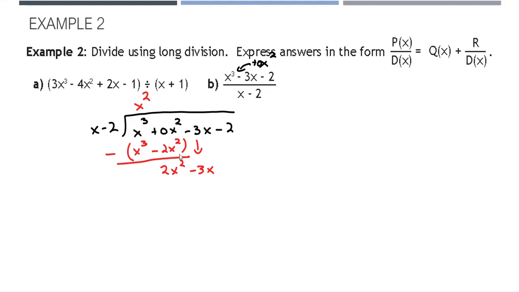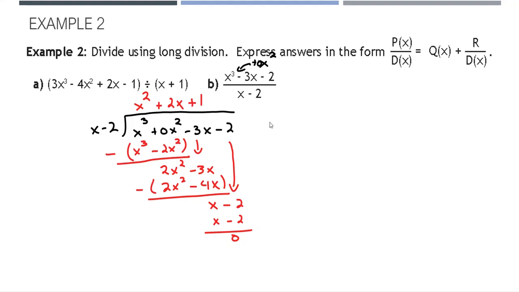Now x times 2x is 2x squared, and 2x times negative 2 is minus 4x. All of that is again subtracted, so negative 3 is going to end up being plus 4x. It's just a single x. And then we take down this negative 2. And then x times 1 is x, so then we get x minus 2.